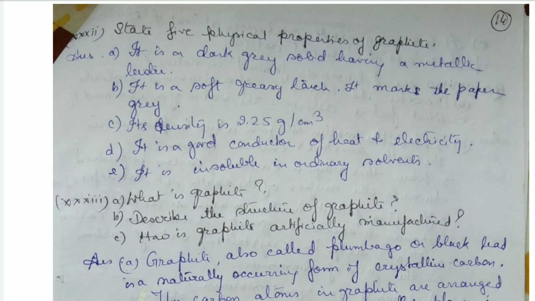That is, if we touch it, we feel that it is slightly oily, and it is soft also. It marks the paper gray. That's why it is used for making lead pencils. Its density is 2.25 grams per centimeter cube. It is a good conductor of heat and electricity, and it is insoluble in ordinary solvents.